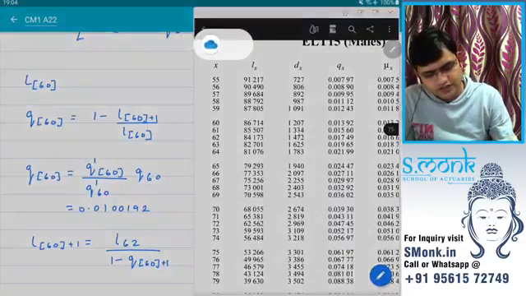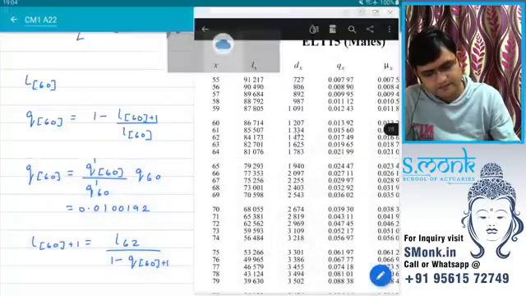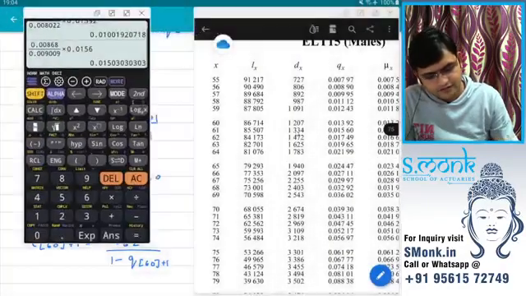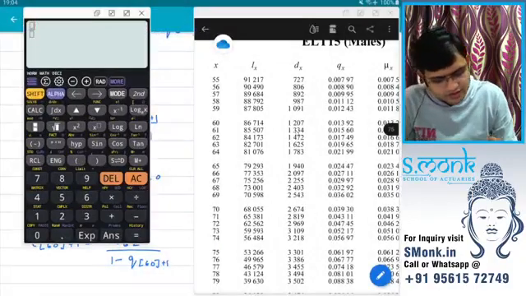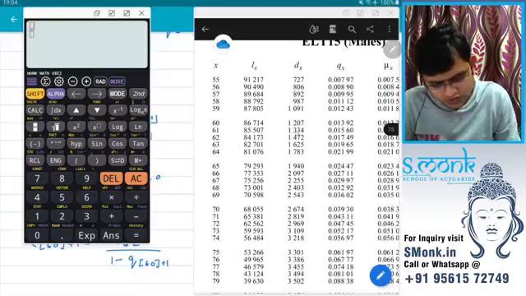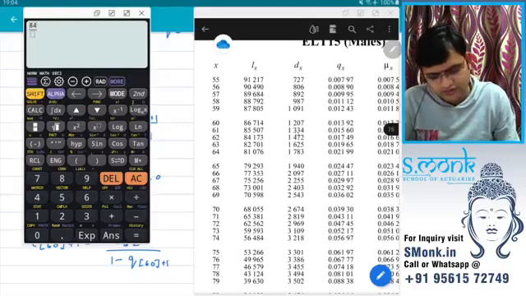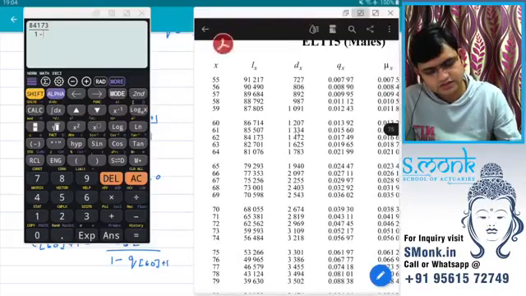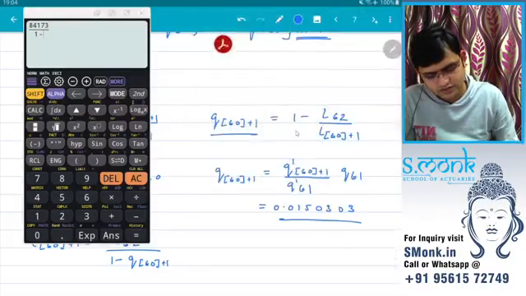L62 we'll take from ELT15 male, so L62 is 84173, divided by 1 minus Q select 60 plus 1, which is 0.01500303.